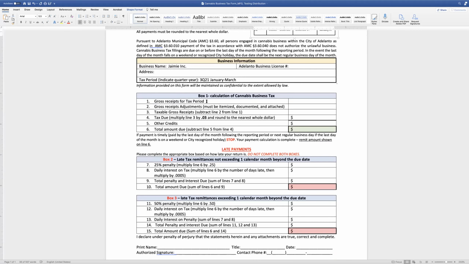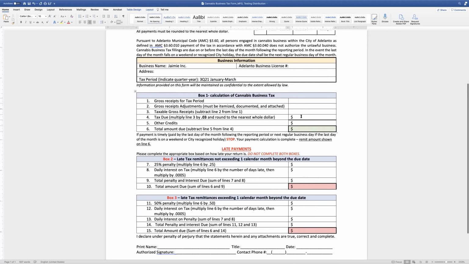Next, you'll want to move to the blue section. This is box 1, and this is where the taxes are actually calculated. Number 1, you'll want to be sure that you include the gross receipts for January, February, and March. So that's 3 months of gross receipts.